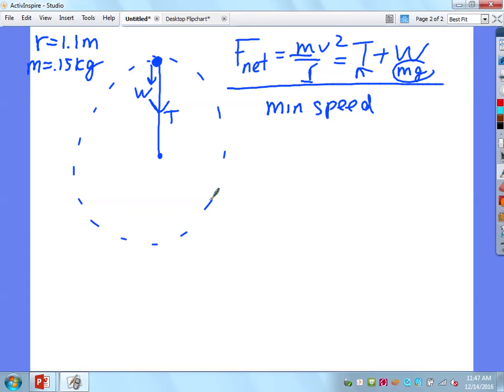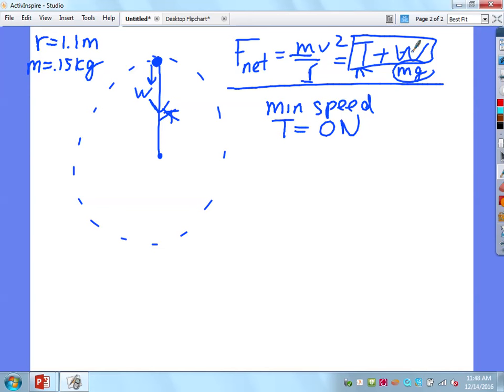What that means is T equals 0 newtons. The string is still there, but it's no longer pulling. I can decrease V by decreasing the forces on this side of the equation. I can't change the weight of the object though, but I can decrease the tension all the way to 0.